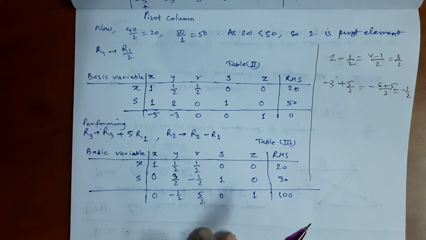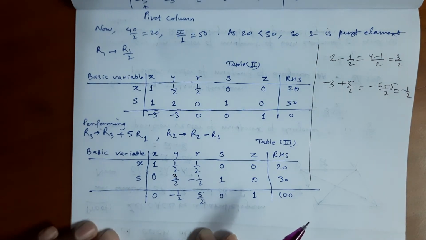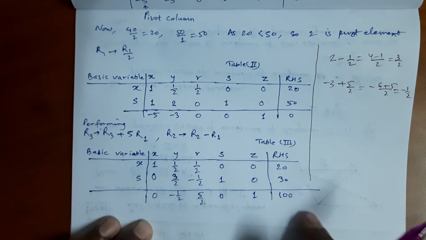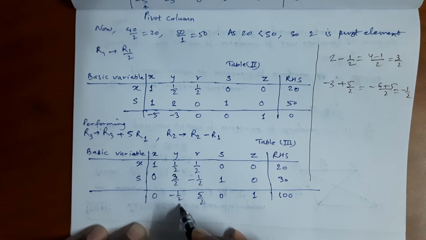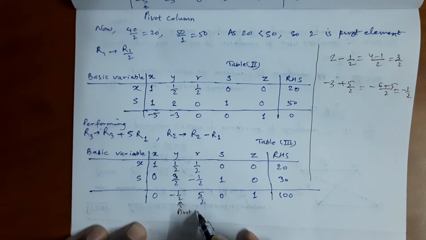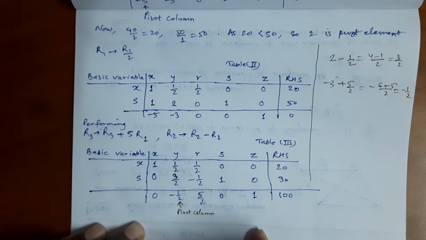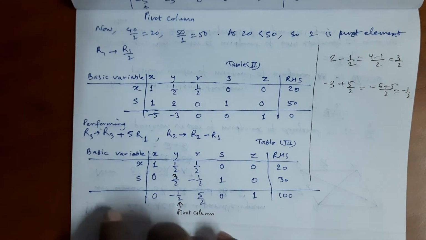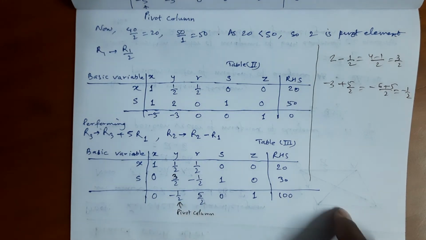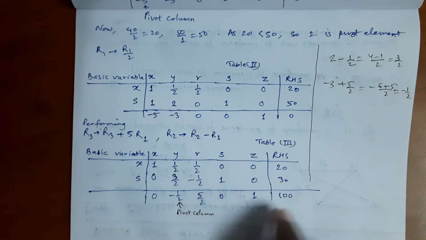Okay, and we should search the most negative entry in the bottom row, and the column containing the most negative entry, that is the pivot column. Okay, so here we have this as the pivot column. In this simplex method, when all the entries in the bottom row are non-negative, then only our work is complete.